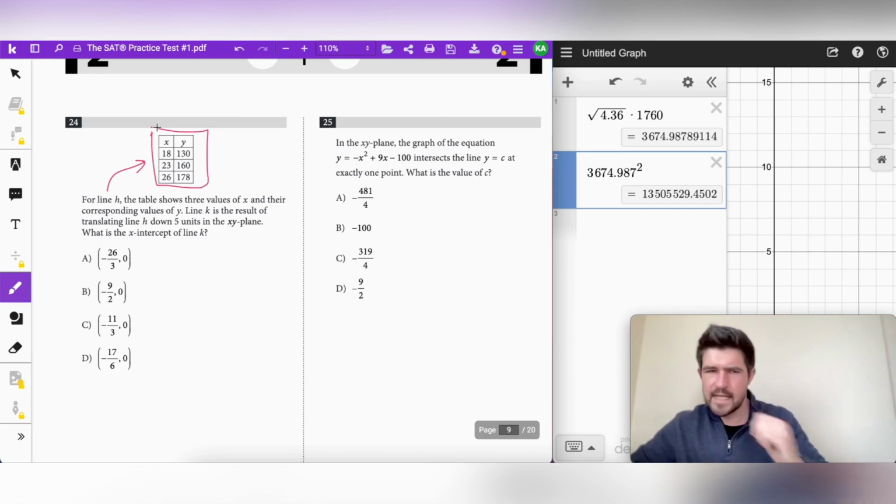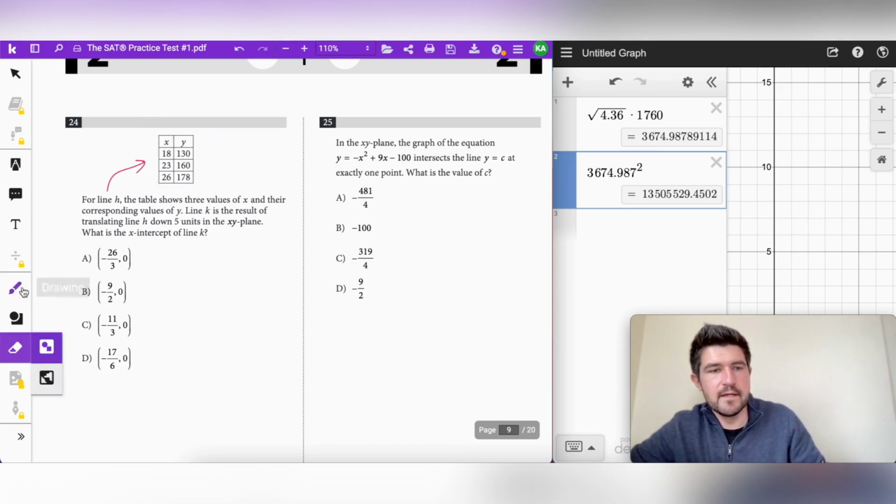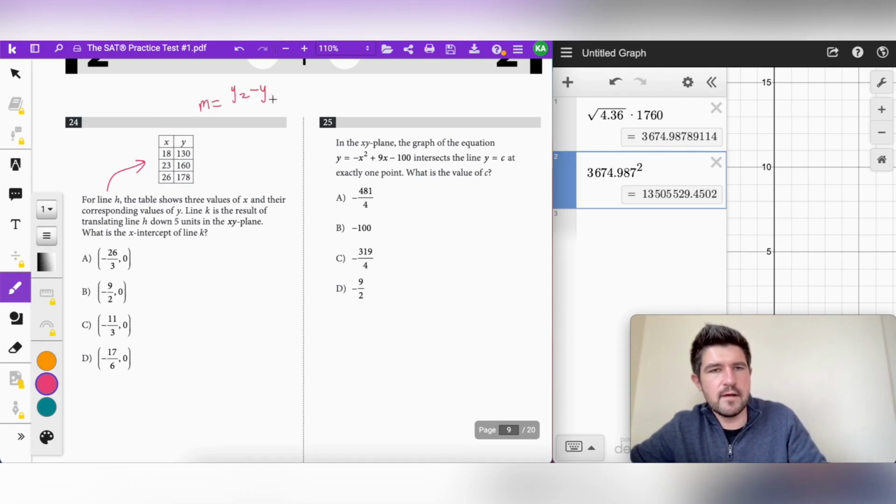So there's a couple ways we could do it. I think that the way I just said is going to be helpful. So we've got x's and y's. We can find the slope of the line. Let's just do that. I'll stop explaining and I'll just do it. So the slope is, remember, y2 minus y1 over x2 minus x1.